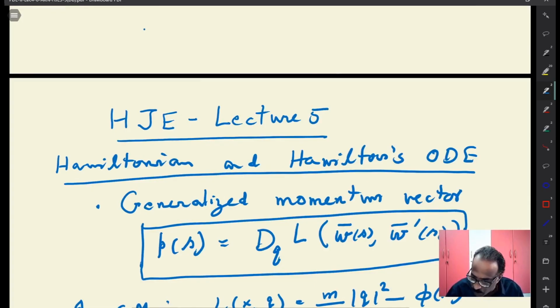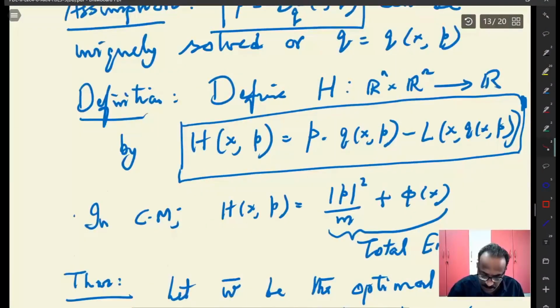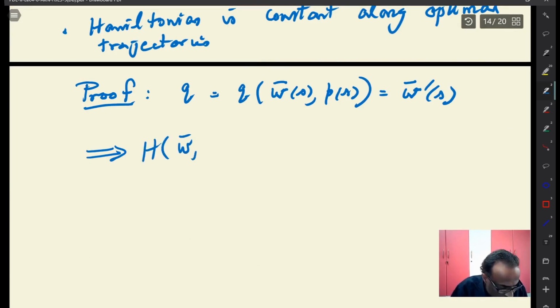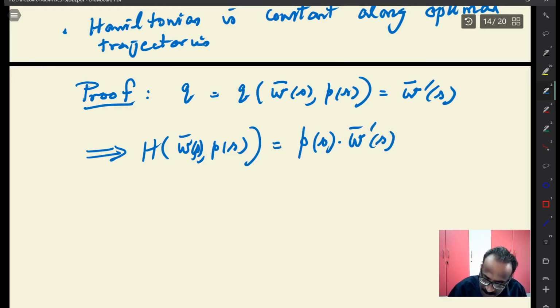So on the part of q, this is the equation you are solving, so q is nothing but W prime of S. Once you have that, that implies H of W bar of S, P of S, is by definition P of S times W bar prime of S, which is q, minus L of W bar.